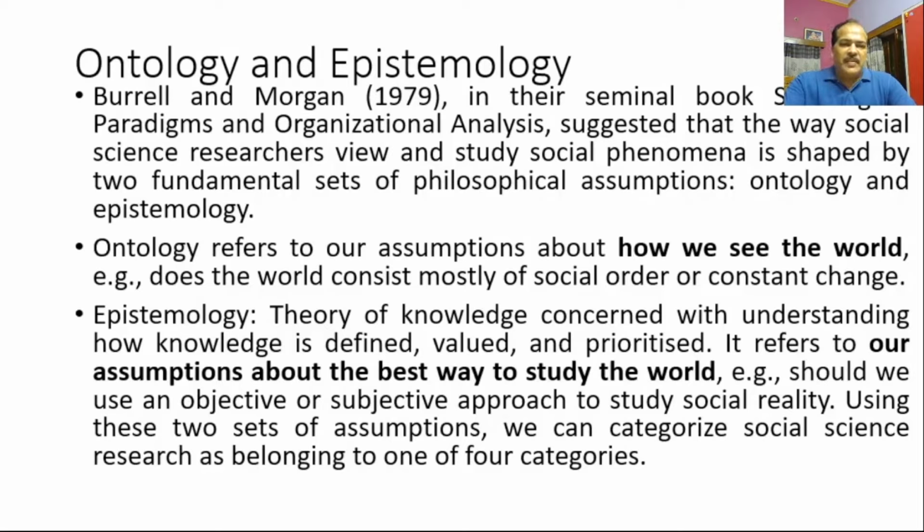In the case of epistemology, it focuses on how a phenomenon exists in the best way in the social order, and we have different approaches to study the social reality. Using these two sets of assumptions, we can categorize social science research as belonging to one of four categories.